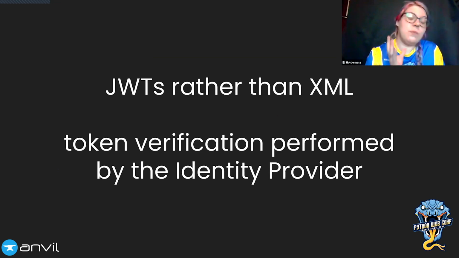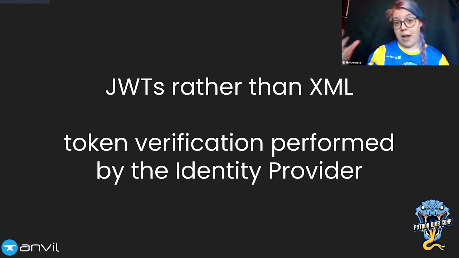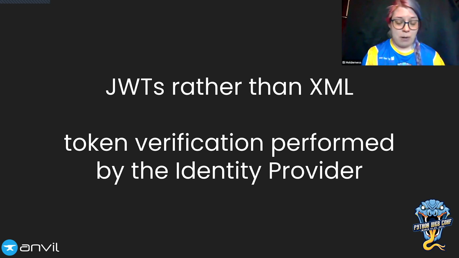OIDC uses JSON Web Tokens as its language for expressing requests and tokens rather than XML. And the key difference that really matters here is that JSON Web Tokens do have industry standards for canonicalization and for encoding. And they are also far less flexible in the amount of things that you're allowed to express. So for example, in SAML, you can actually express multiple authentication assertions within a single message. JSON Web Tokens are far more restricted, and therefore the flows that are allowed are far more hardened against attack.